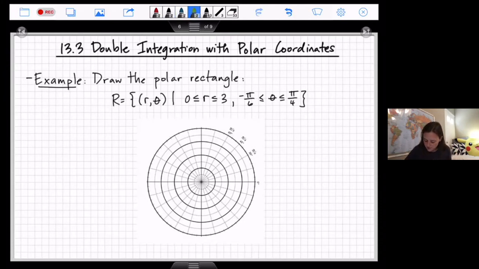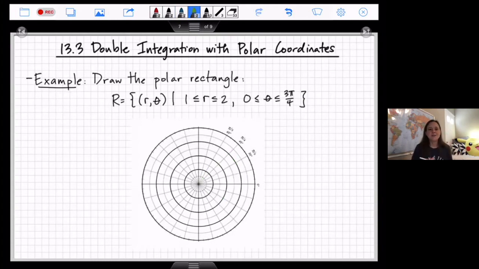So that would be -pi/6 over here. All the way, we're going to swoop that through to pi/4, using radii from 0 out to 3. So this polar rectangle is going to be this entire green pizza slice. That covers all of the ordered pairs where r goes from 0 to 3 and where theta ranges from negative pi over 6 to positive pi over 4.